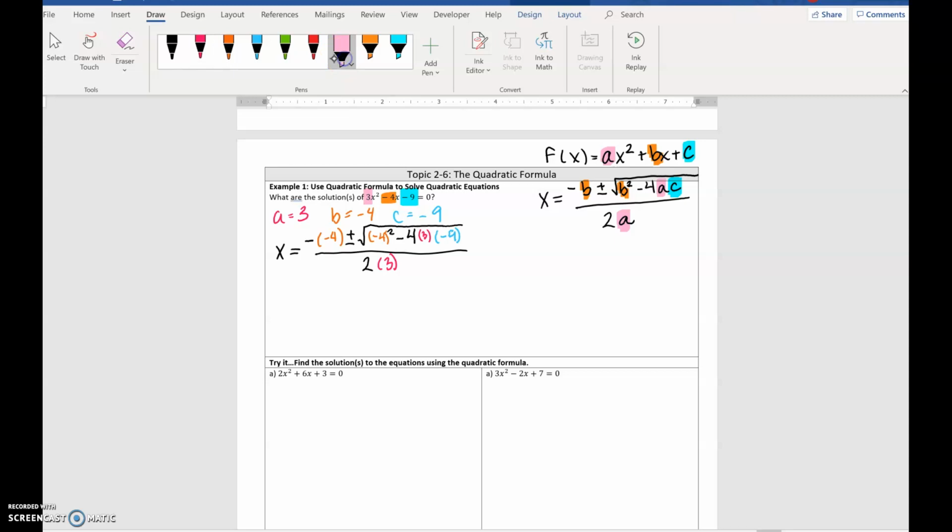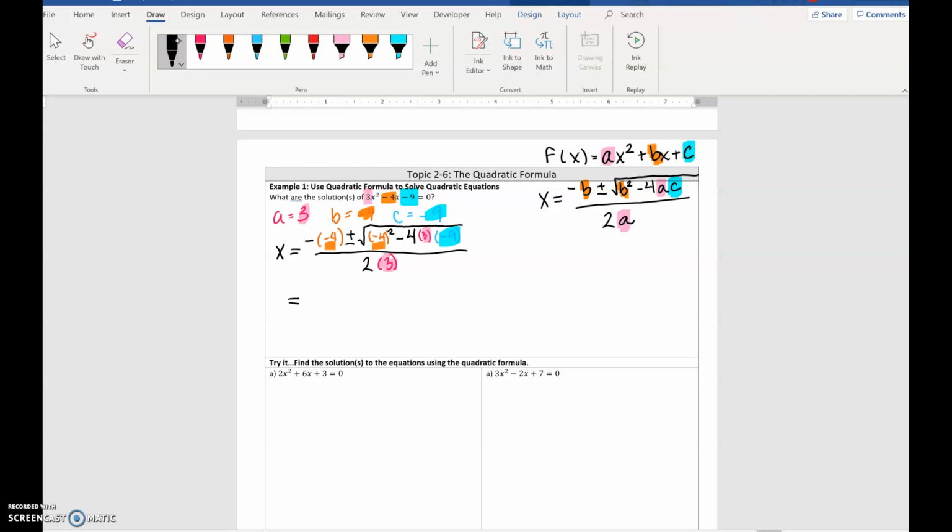Okay, so again, we found our a value, which we said was 3, and that went here and here. We found our b value, which was negative 4, and that went here and here. And then our c value went here, just like our formula here. And so now we have this long equation, and we need to simplify it. So we're just going to start by going left to right on the top.